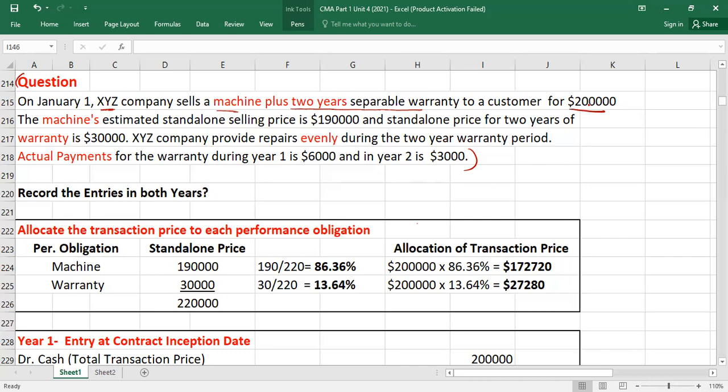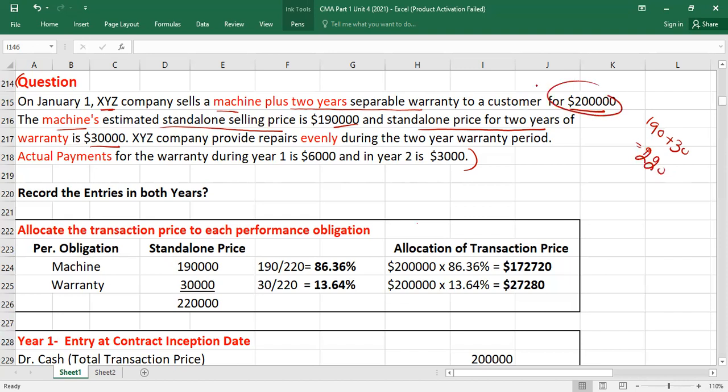And how much transaction price have we received? $200,000. But see what's the next information. The machine's estimated stand-alone selling price. Stand-alone means, if you sell only the machine, how much will you get? 190,000. And the stand-alone price for the 2 years warranty is how much? 30,000. It means 190,000 plus 30,000. Total is how much?